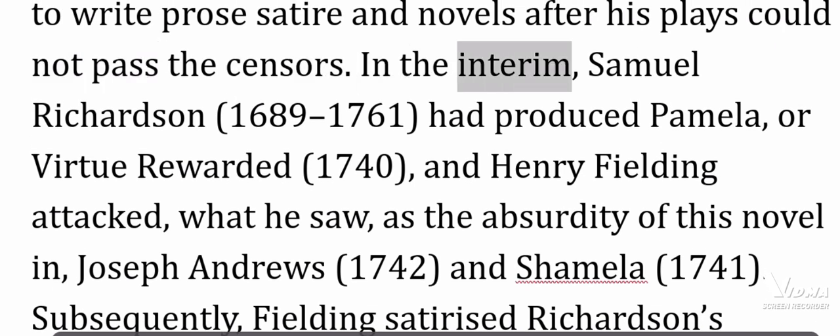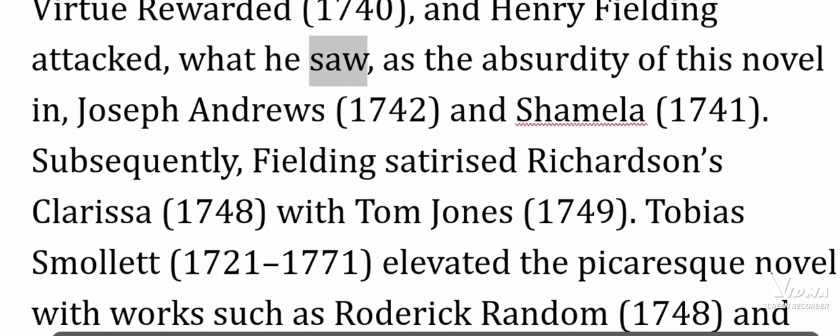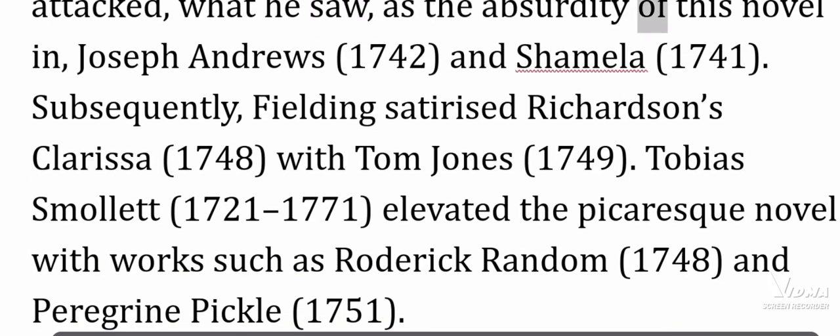In the interim, Samuel Richardson, 1689 to 1761, had produced Pamela, or Virtue Rewarded, 1740, and Henry Fielding attacked what he saw as the absurdity of this novel in Joseph Andrews, 1742, and Shamela, 1741.